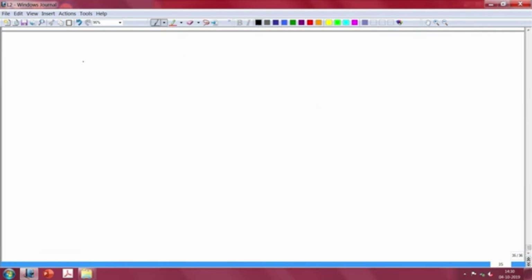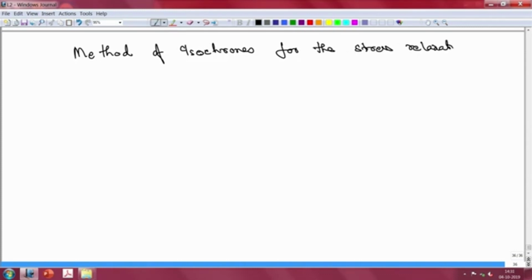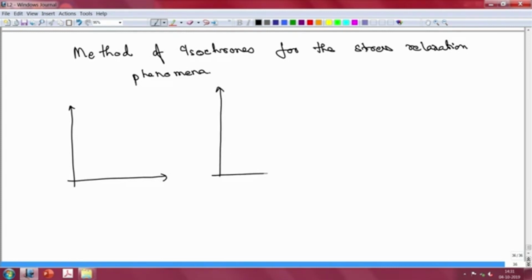So, let us look at the method of isochrones for the stress relaxation phenomena. Here in the experiment, I will first draw three graphs.